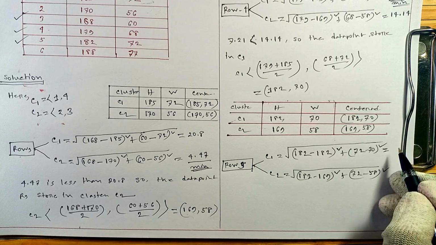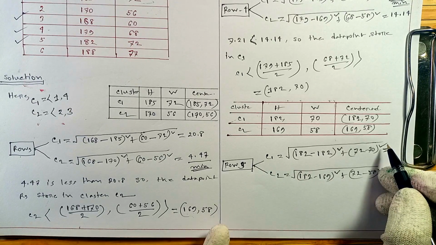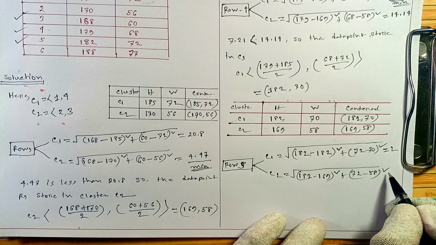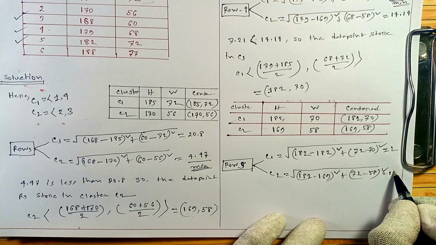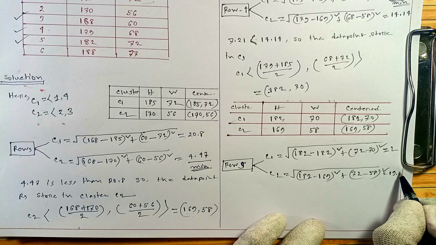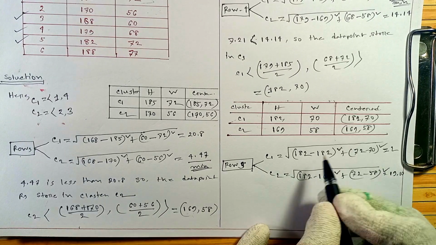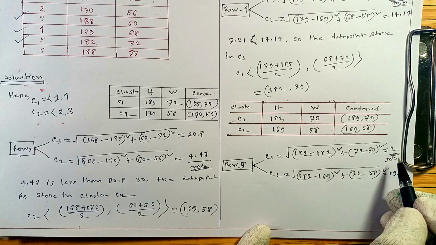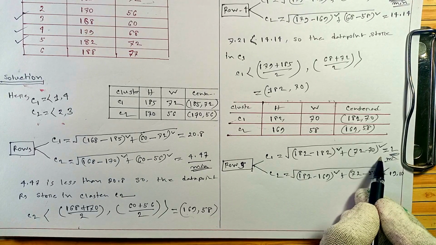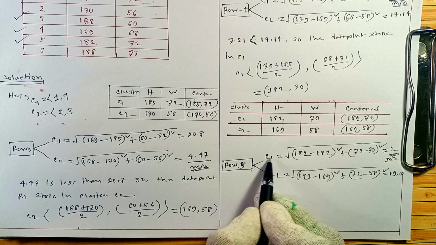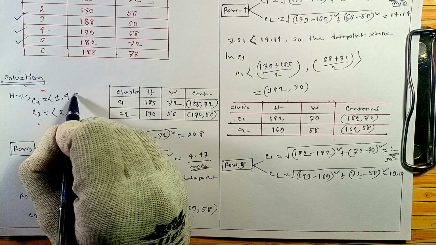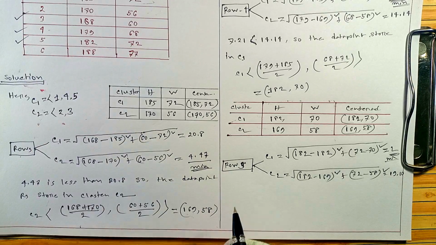So the value is 2 for C1 and for C2 it is 19.10 maybe. So again C1 is minimum, so we put row 5 in C1. Row 5 goes to C1.